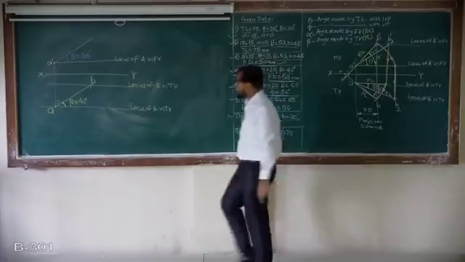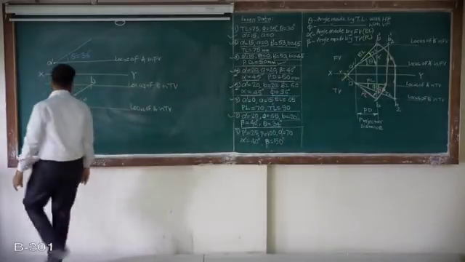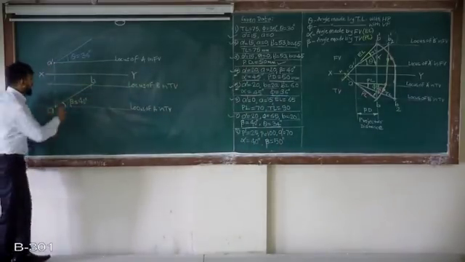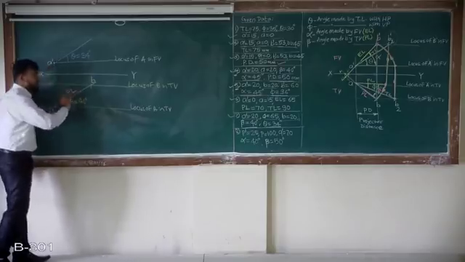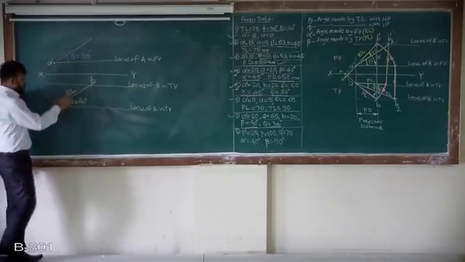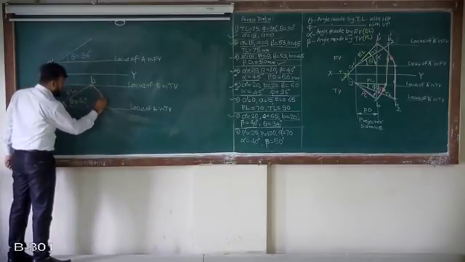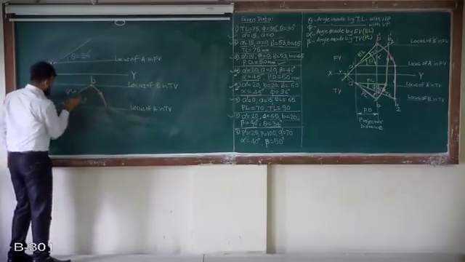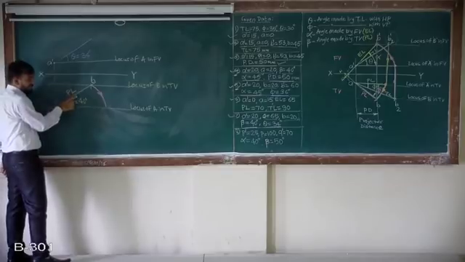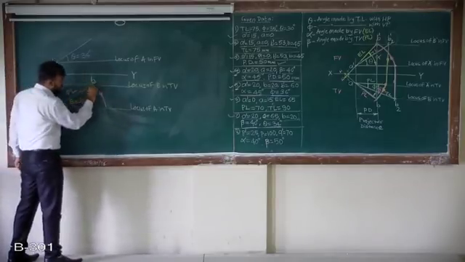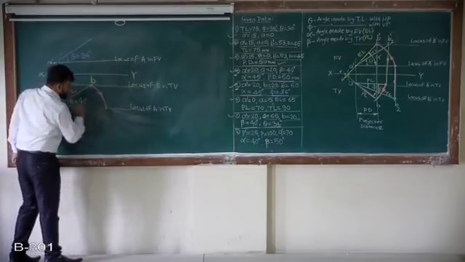So I know theta right now. So what I will do, I need to make this PL parallel. So this AB as PL I need to make parallel to XY. So what I will do, A as a center, AB as radius, this PL I will make it parallel to XY.